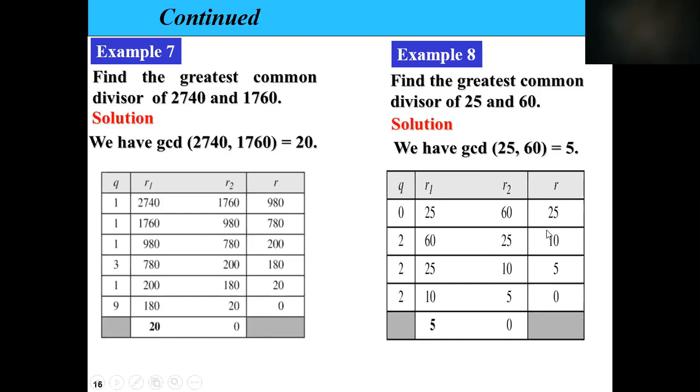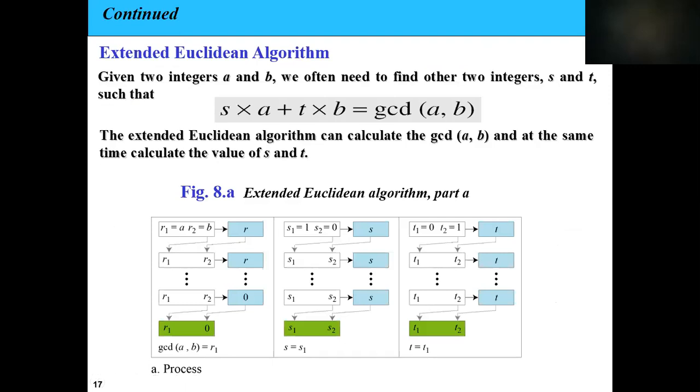Similarly, you will find the GCD of 225 and 60. With similar steps as we performed in the previous example, you will get the GCD of these two numbers as 5. So this is the extended Euclidean algorithm.